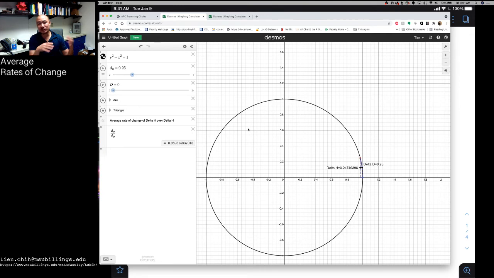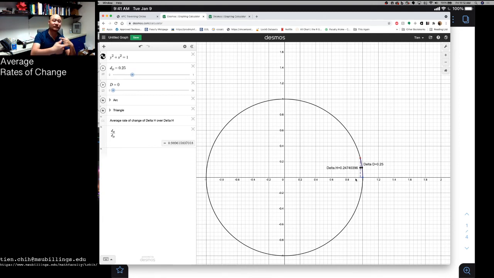But notice that while the average rates of change are going from about 1 to 0 to -1 to 0 back to 1, my heights are kind of doing something similar, right? So my height's 0, then it's 1, then it's 0, then it's -1 and 0.